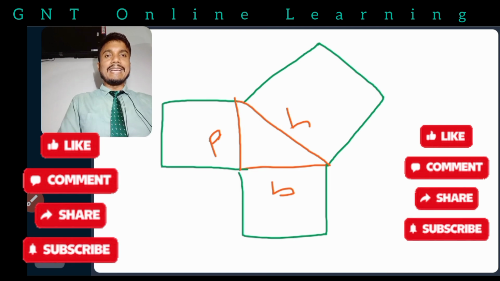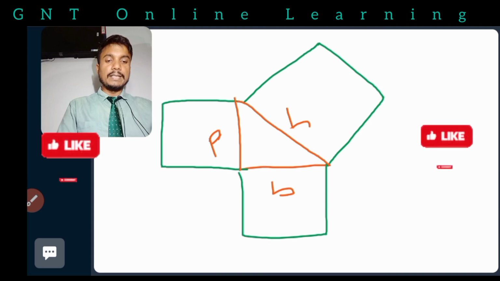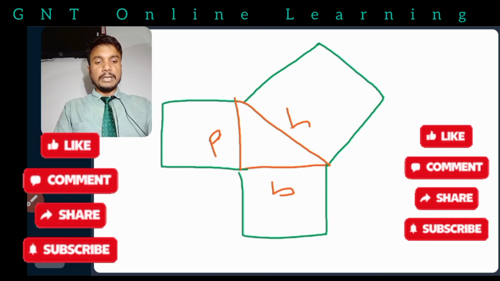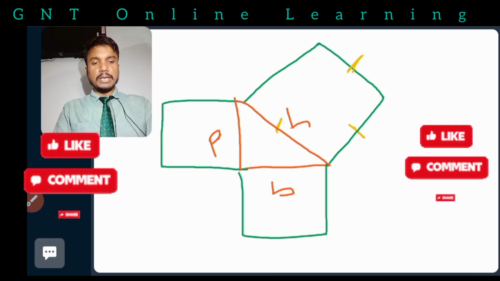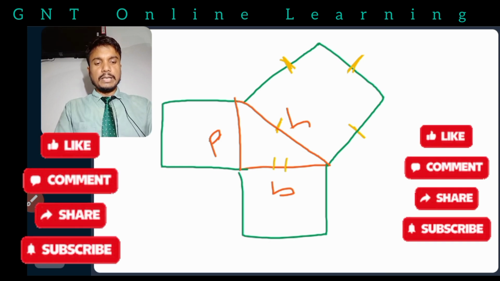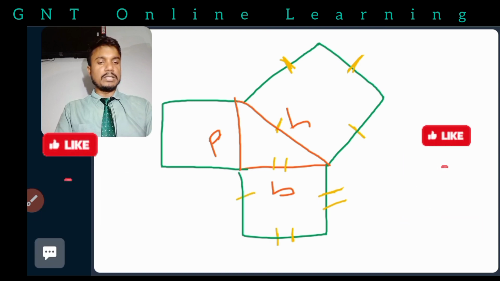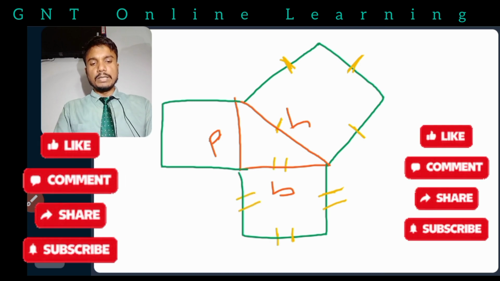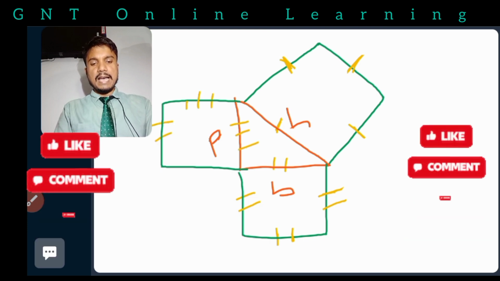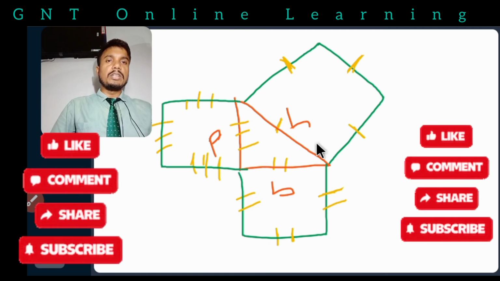As we all know, the sides of a square are equal, which means we can say that this equals this, equals this, and this equals this. These sides will be equal.